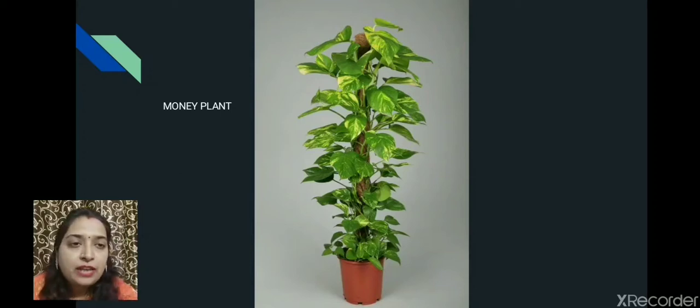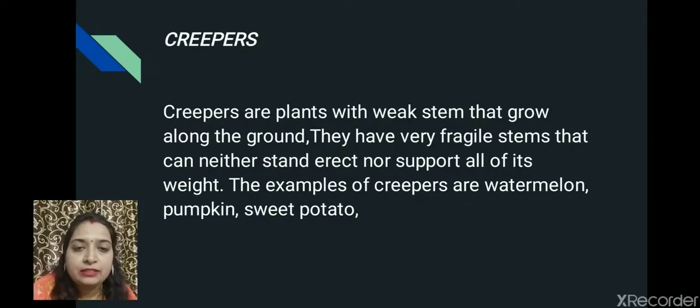Now come to the next category of plants, and the next category is creeper. Children, what is the name creeper? So creeper means, the name is itself suggesting that plants that creep on the ground, or the plants which crawl over the ground. There is one similarity between creepers and climbers.